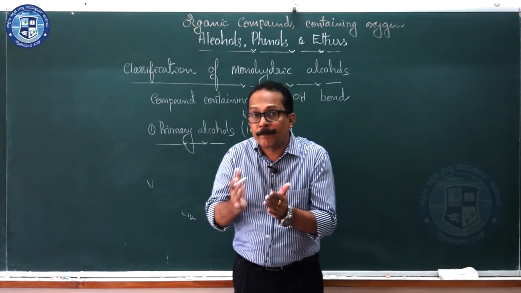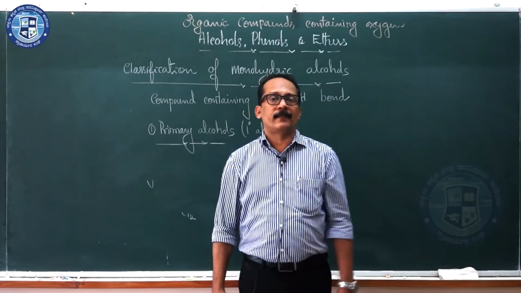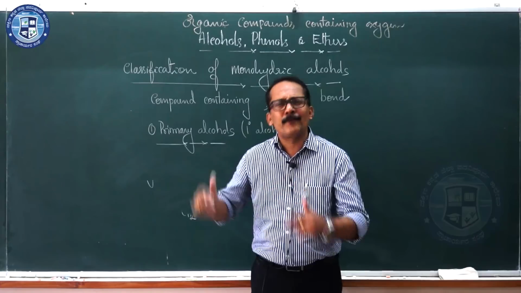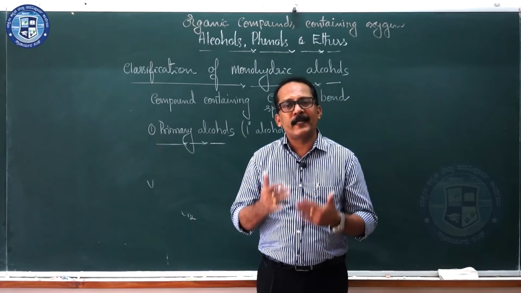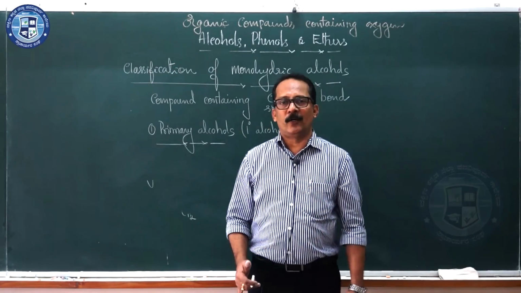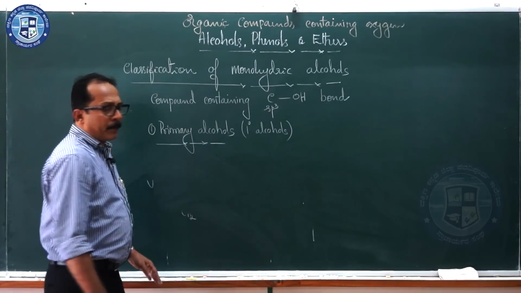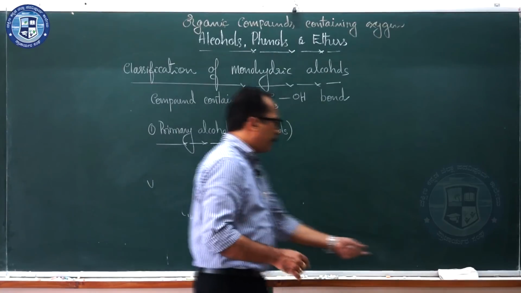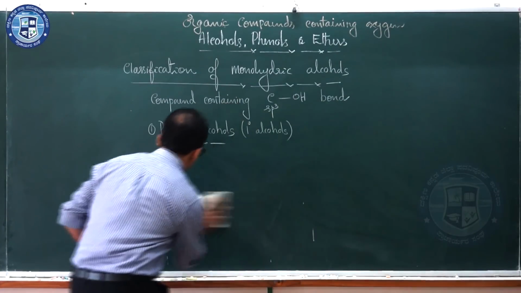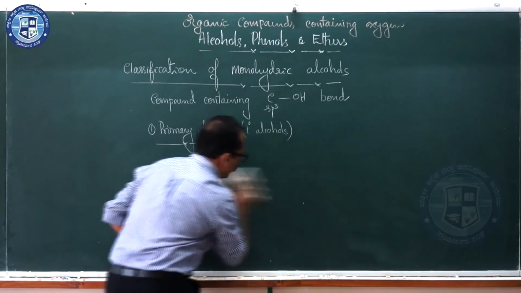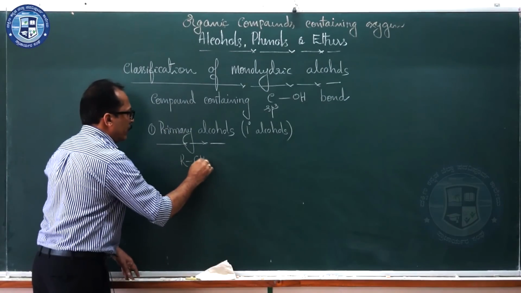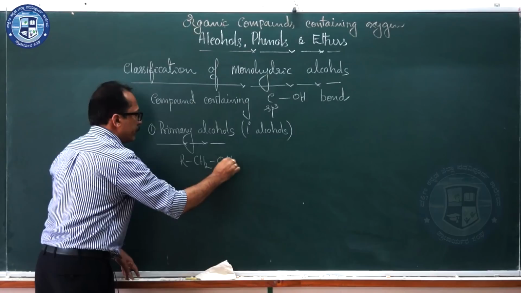So based on the nature of the carbon atom to which the OH group is attached, there are different types of alcohols: primary, secondary, and tertiary. First, primary alcohols. The general formula for primary alcohols is RCH2OH.